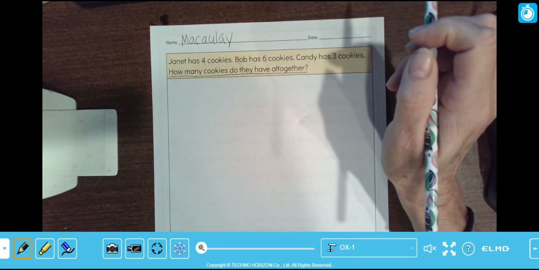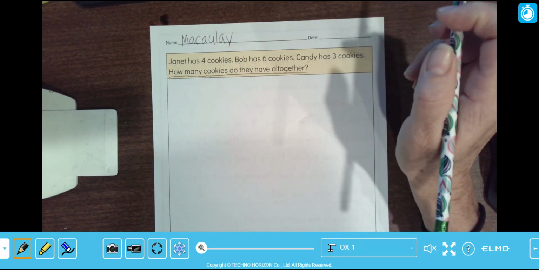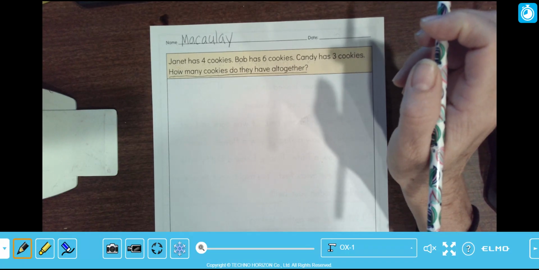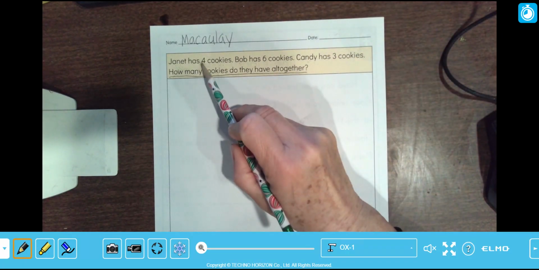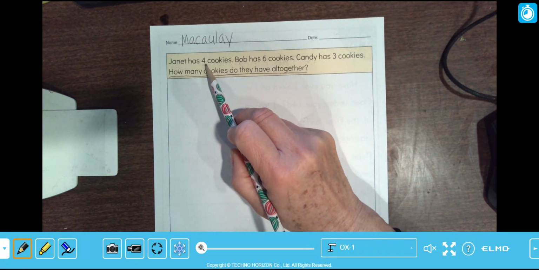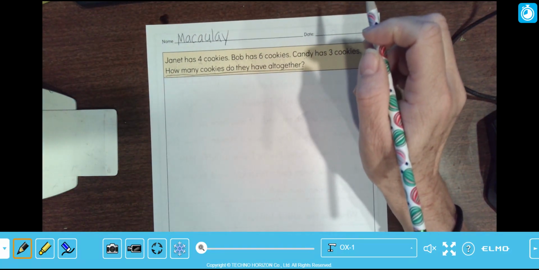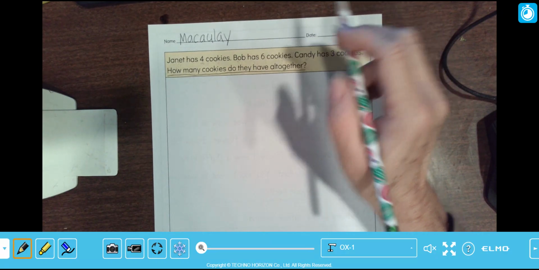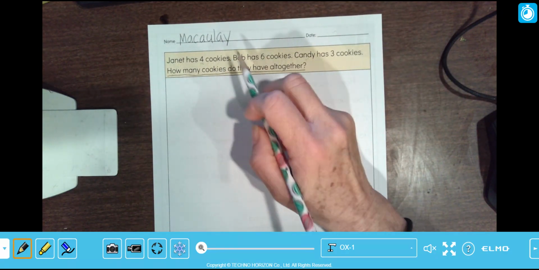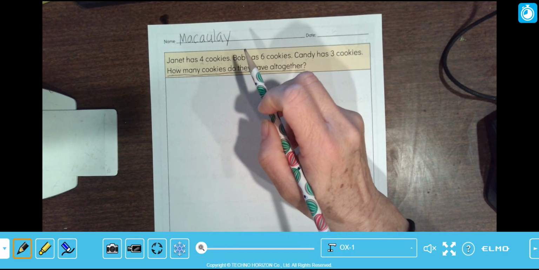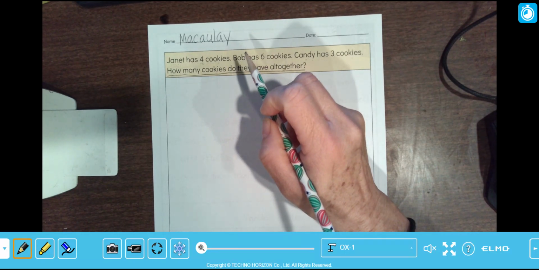The answer of how many they have altogether. Okay, so you have to think about that. All right, now, if the answer is going to be less than 4 cookies, you're going to subtract. If the answer is going to be more than 4 cookies, you're going to add.